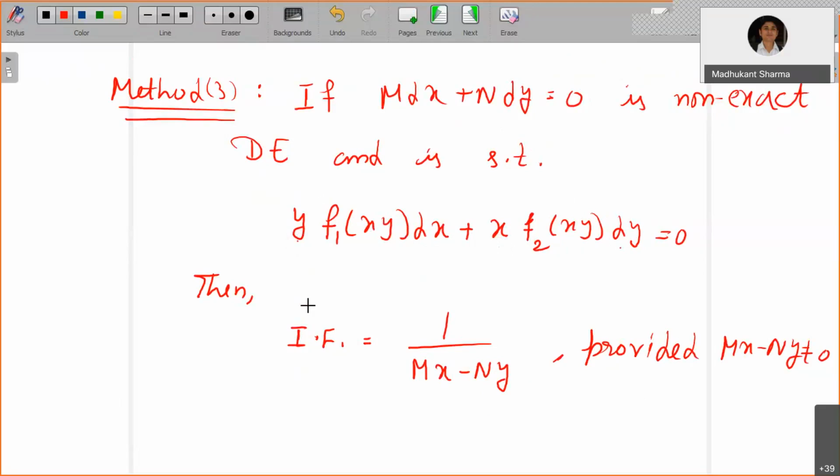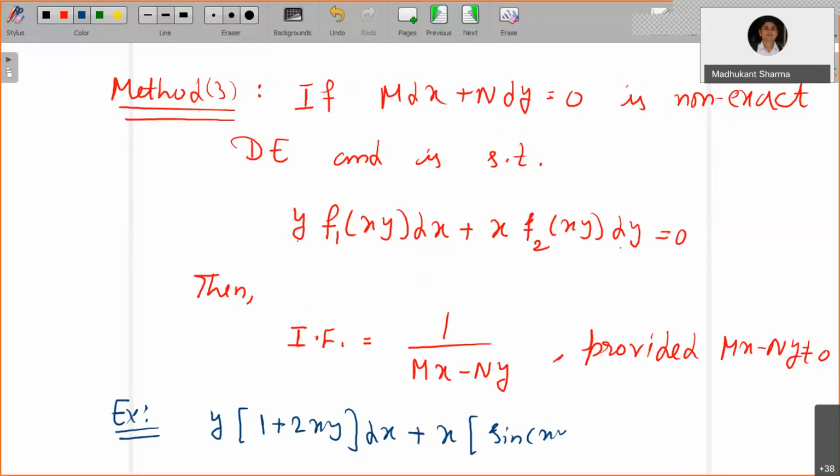So for example, I'll give you one simple example here. Let's say y into 1 plus 2xy dx plus x into, let's say, sine of x into y plus 1 dy is equal to 0.